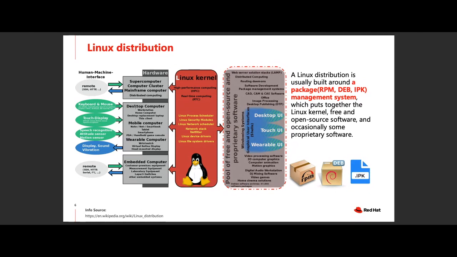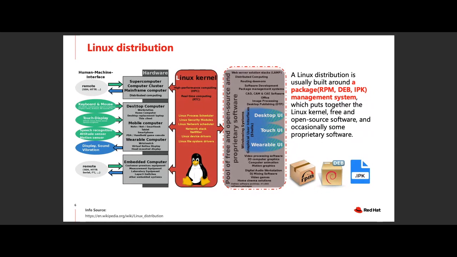Right now, the most popular package management systems are the RPM system, the Debian DEB system, and OPKG, which uses IPK packages. These three systems are very popular, and they distribute binaries directly.